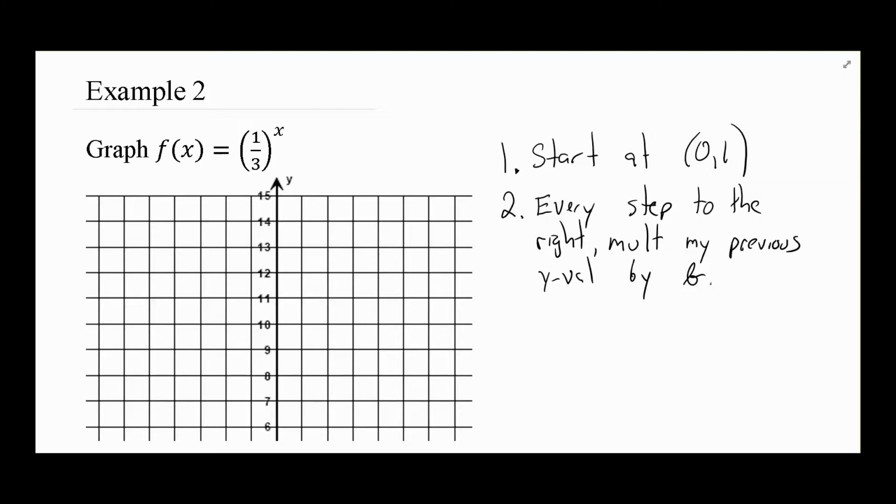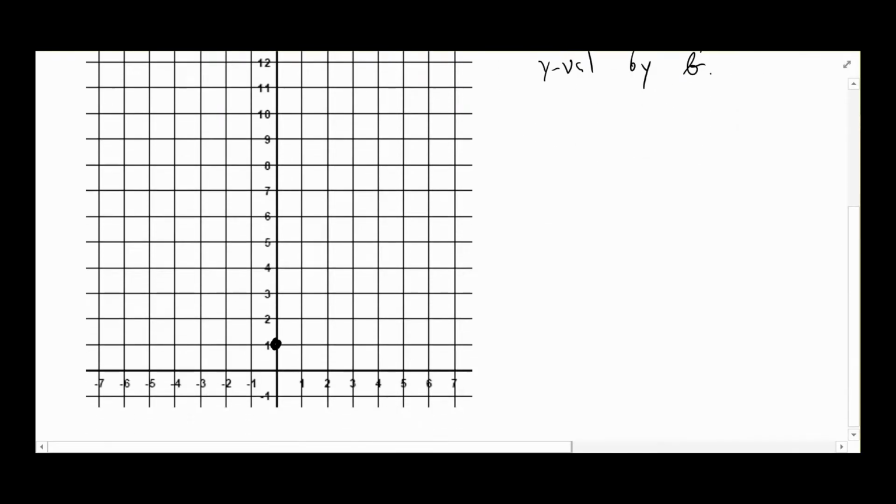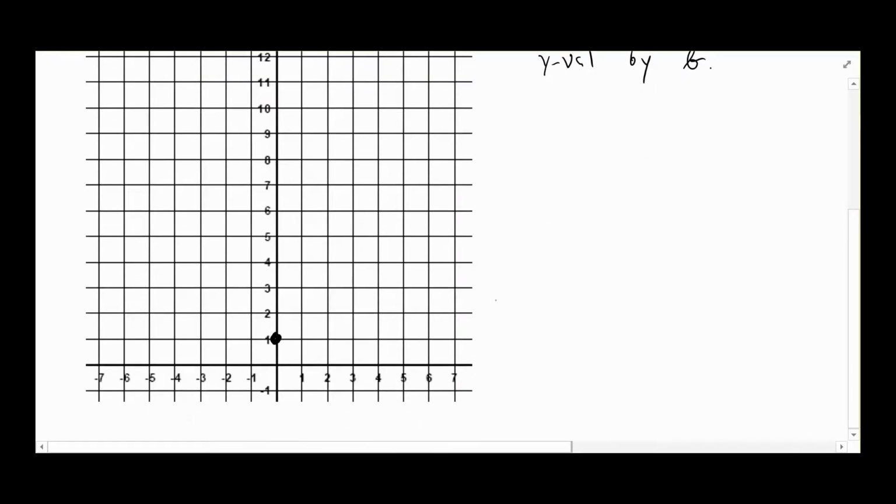That's the definition of what an exponent is. An exponent says this is how many times I multiply by my base. So if I increase my exponent by 1, then I'm saying multiply by the base 1 additional time. So as far as this problem, when the x value was 0, the y value was 1.